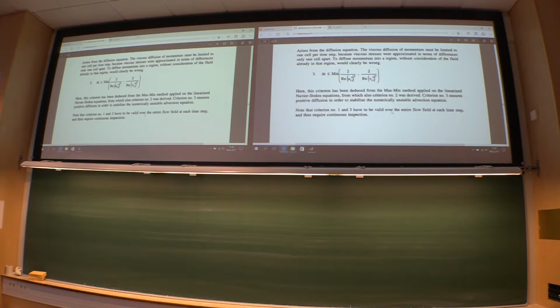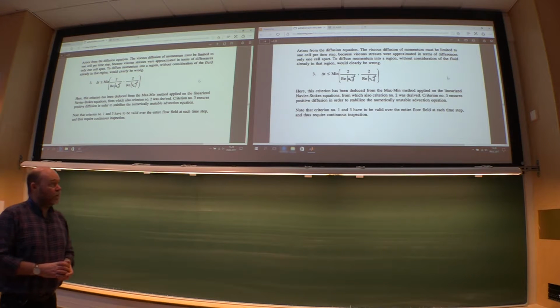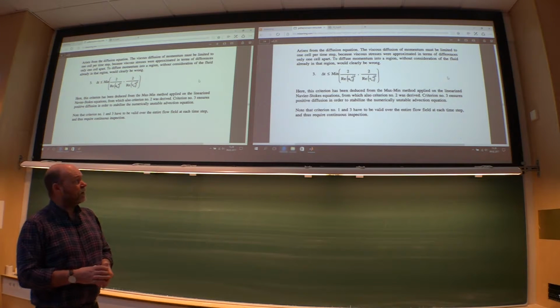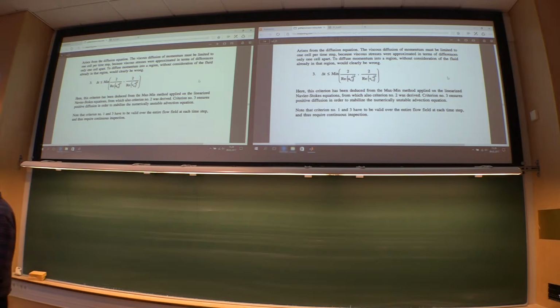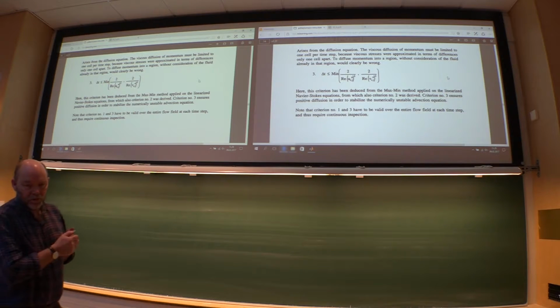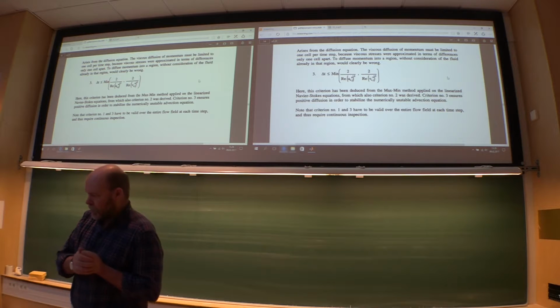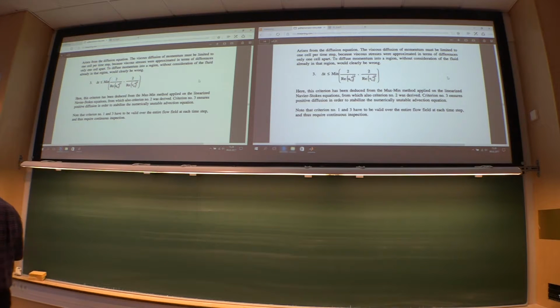So the last one is a little bit more tricky to find. This one evolved from the max-min method on the entire Navier-Stokes. And this one is hard to find other ways. What it actually does physically is to ensure that the total diffusion coefficient in your numerical scheme is positive.